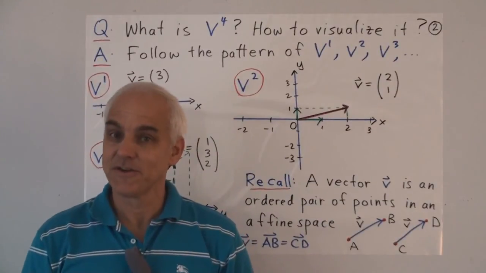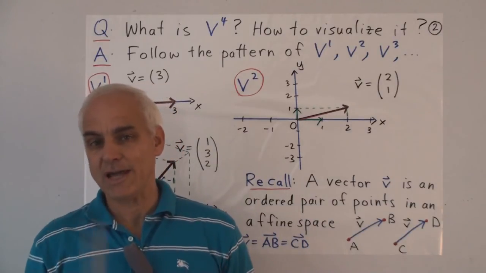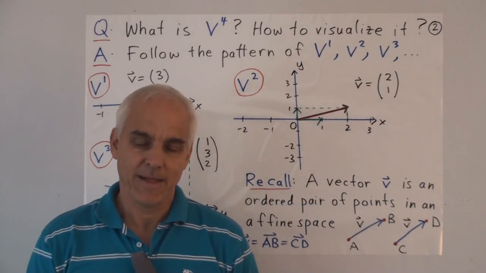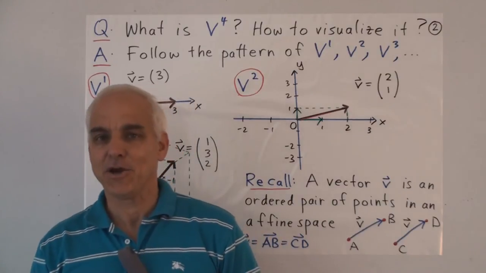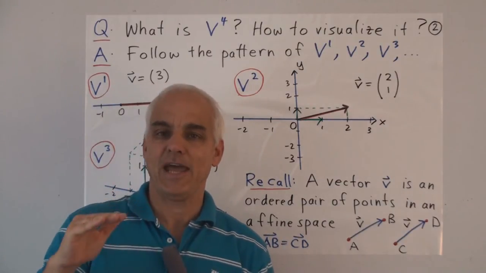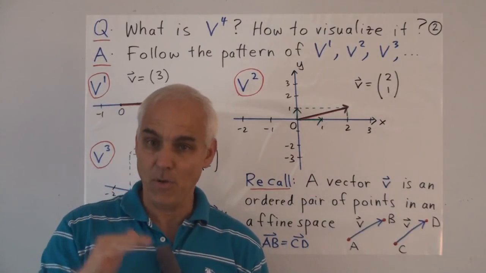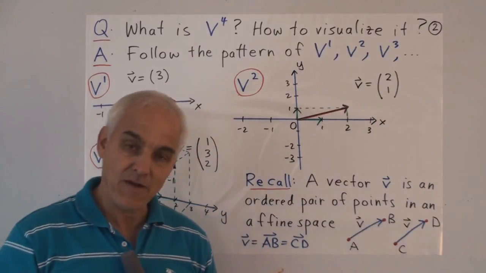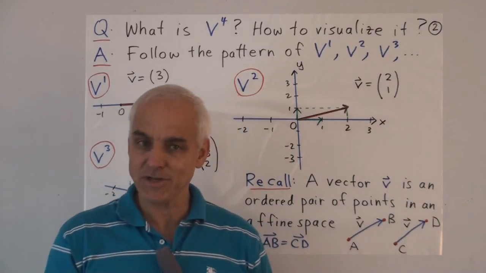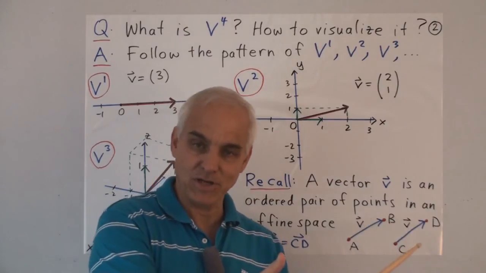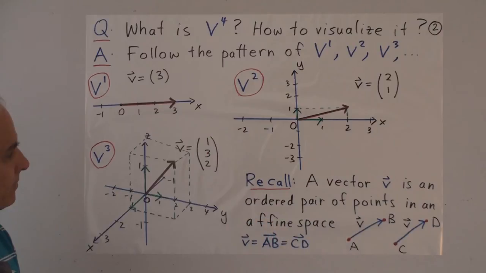One of the challenges in linear algebra is to be able to visualize things in higher dimension. The key idea here is to make sure we understand very clearly what's happening in the lower dimensions, and to think of a pattern going from 1 dimension to 2 dimensions to 3 dimensions to 4 dimensions and higher.